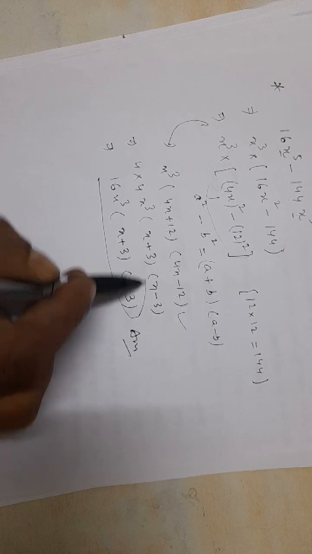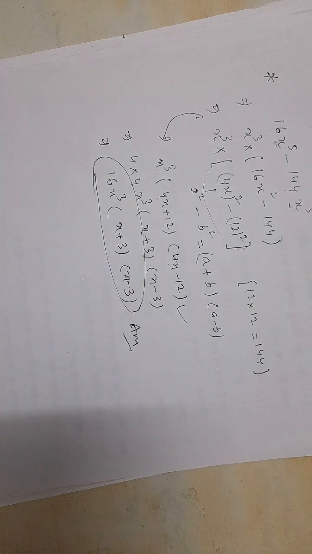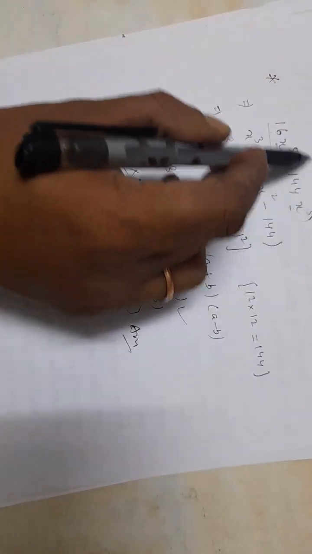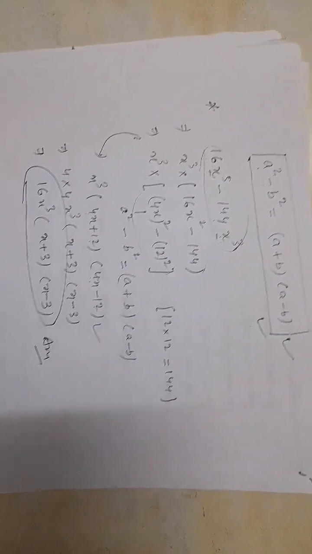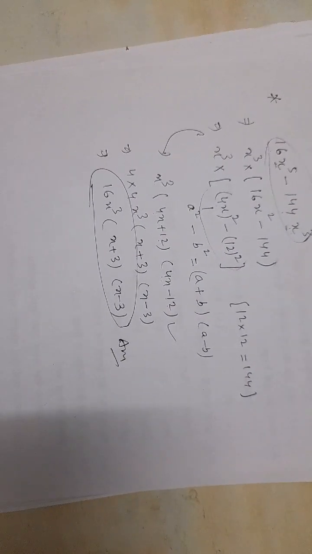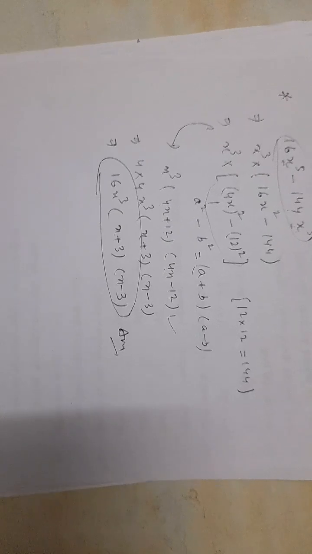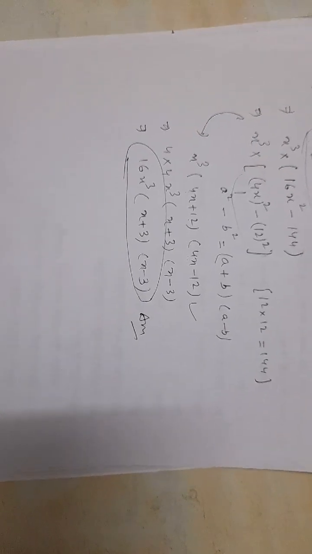So when you want to find a factor of an algebraic expression in the form of a square minus b square, we can apply the identity by converting the question in the similar manner as we discussed.